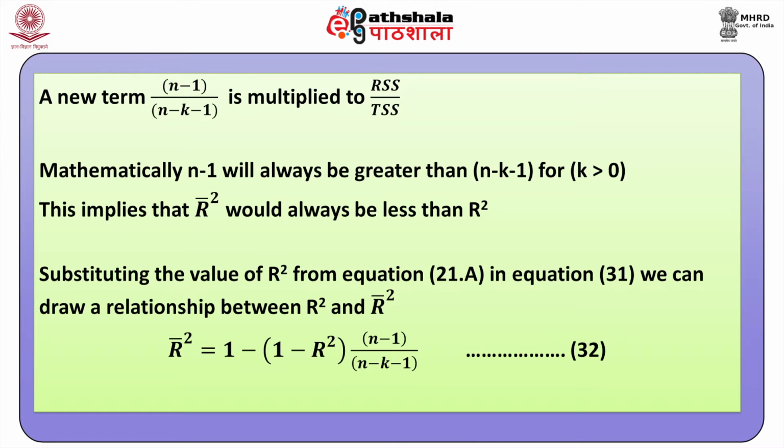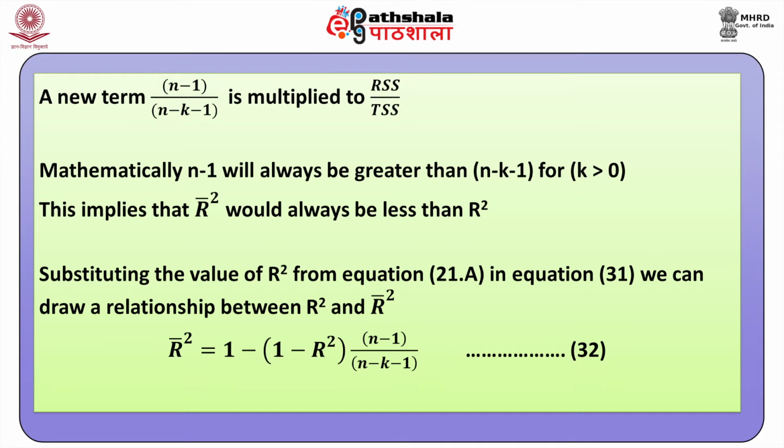A new term, n minus 1 upon n minus k minus 1, is multiplied to RSS upon TSS. Mathematically, n minus 1 will always be greater than n minus k minus 1 for k greater than 0. This implies that r bar square would always be less than r square.